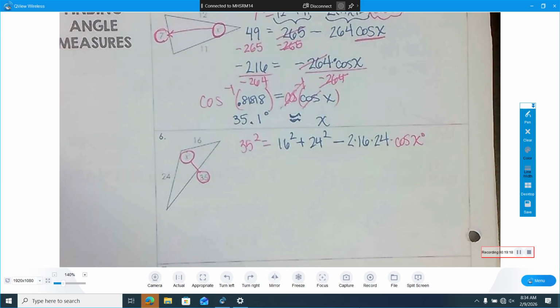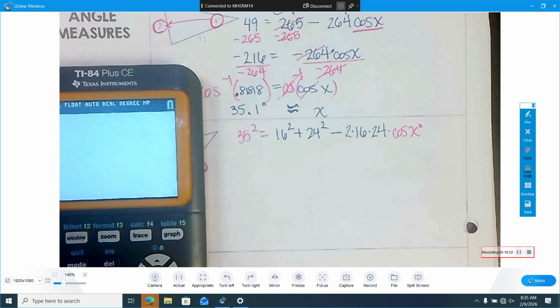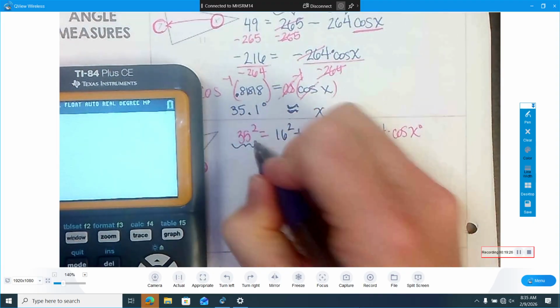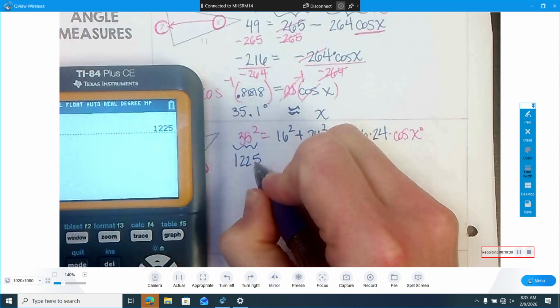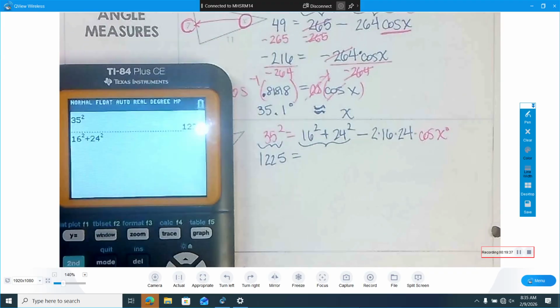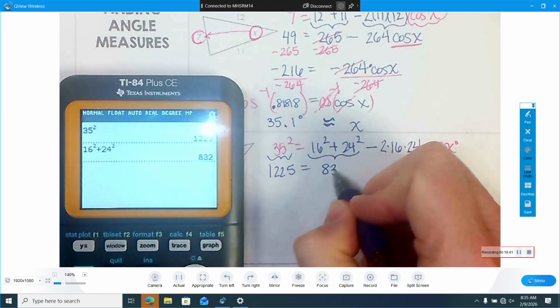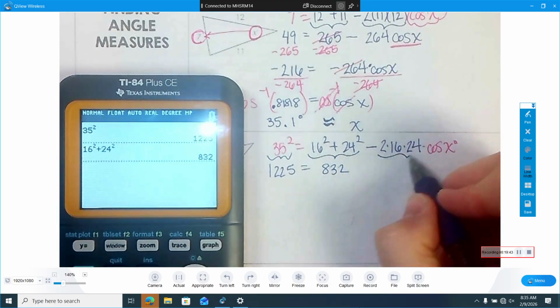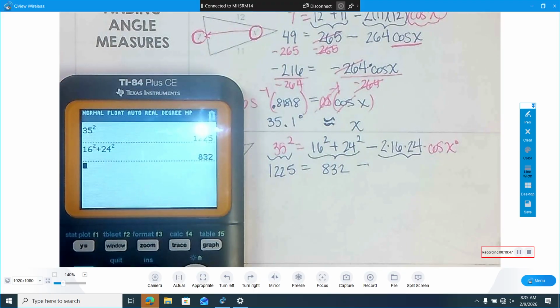And then we need to do a little bit of cleanup. So now with our cleanup, we can do a lot of math on paper here. 35 squared is 1225. I can do my sum of squares, 16 squared plus 24 squared gives me 832. And I have my subtraction sign. I can multiply the 2 times 16 times 24 as well.